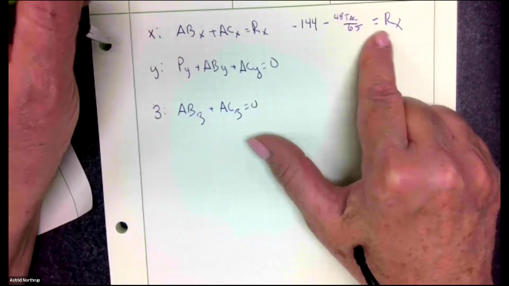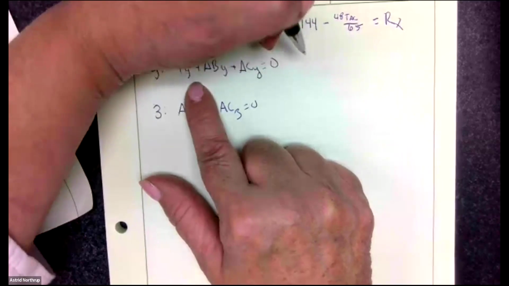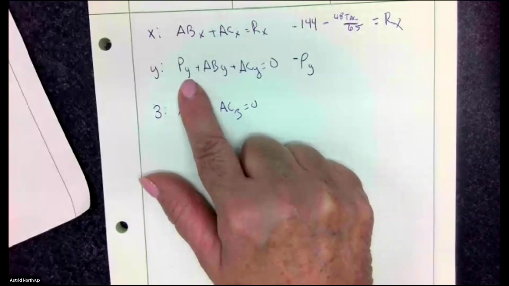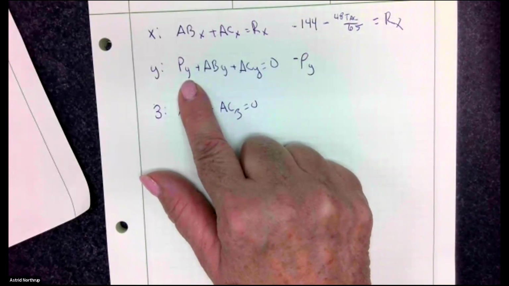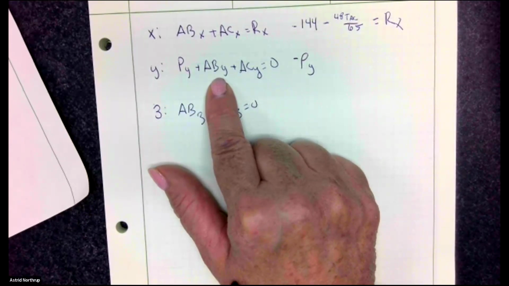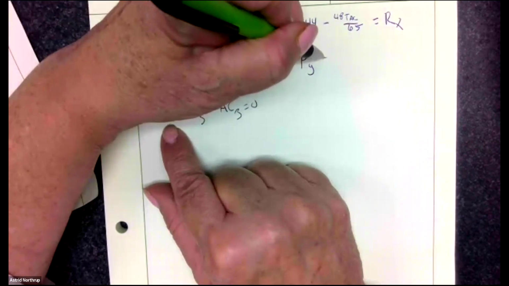Two unknowns and one equation, infinite number of solutions. Okay, for the second one, P sub Y, I know is a negative P sub Y, but that's all I know about it at this point. A sub BY is 87, and that direction is positive.